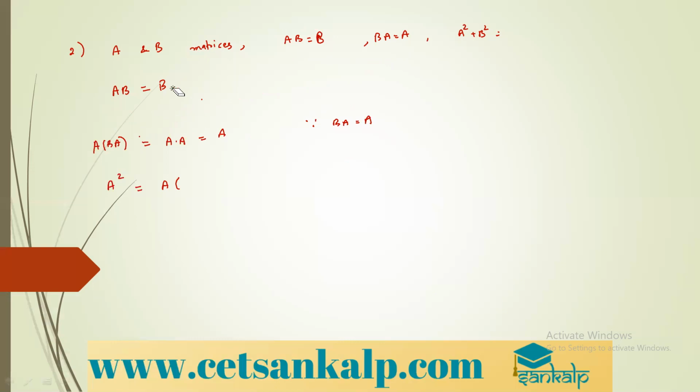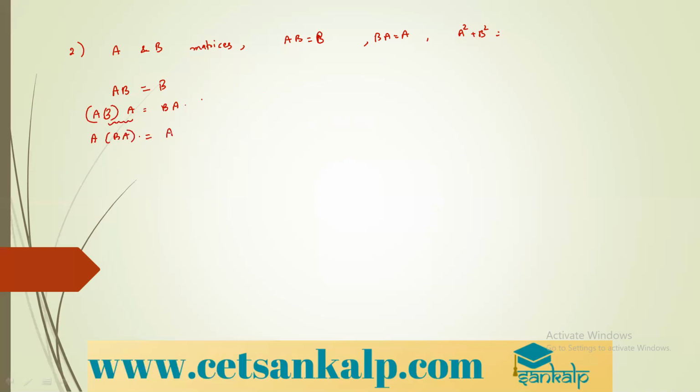One by one, we will take all. So what I mean is, first I am starting with AB equal to B, which is given. After this, what is the step I am using? I am multiplying AB by A. This AB I am multiplying by A. So B also I will multiply with A. So AB into A, I got BA. This B into A I will multiply.